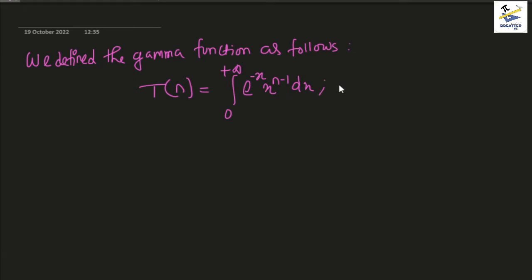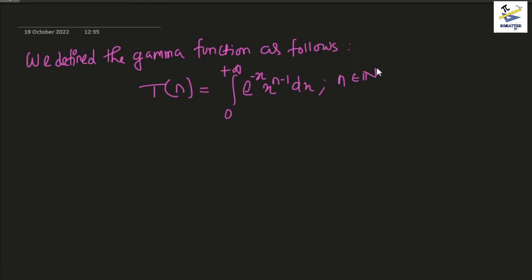And we defined it for natural numbers, right? So gamma of n is the integral from 0 to positive infinity of e to the power minus x times x to the power n minus 1 dx. This was gamma of n.